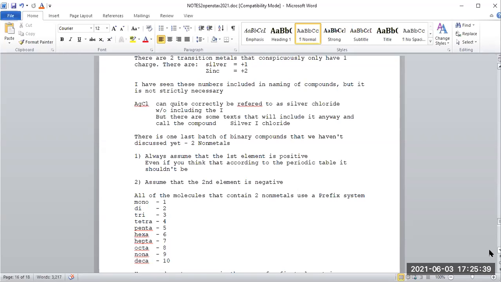Assume that the first element, meaning the left-hand one, is positive, even if according to where you looked it up on the periodic table, it looks like it should actually be a negative thing. So pretend it's positive anyway. But then you can go ahead and pretend the second one is negative.